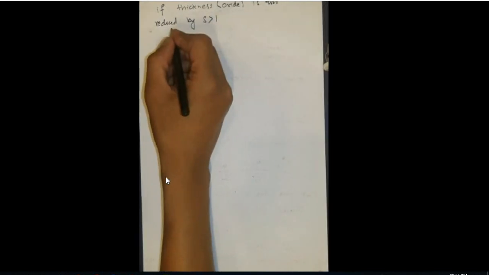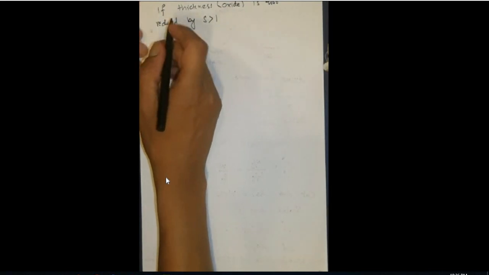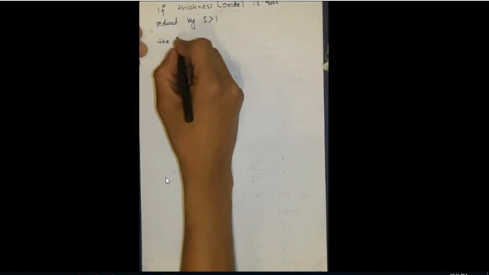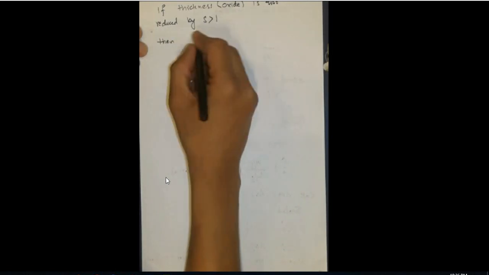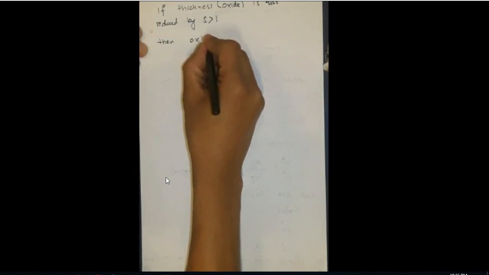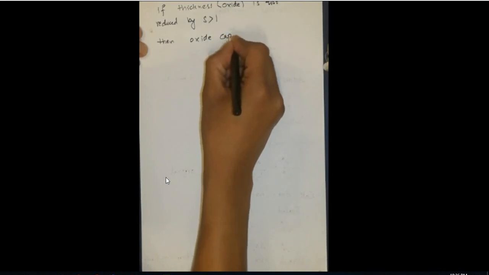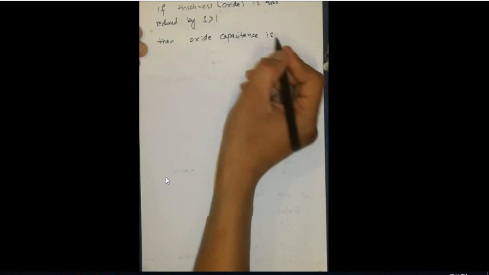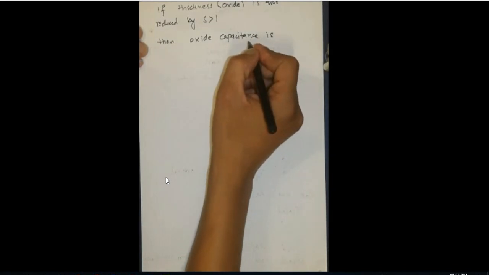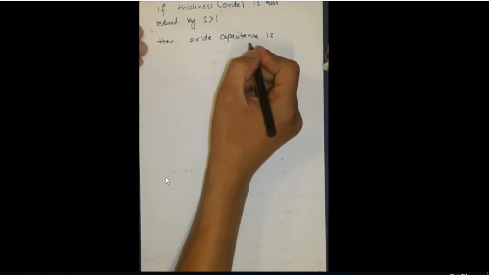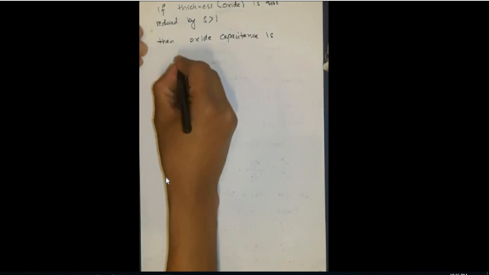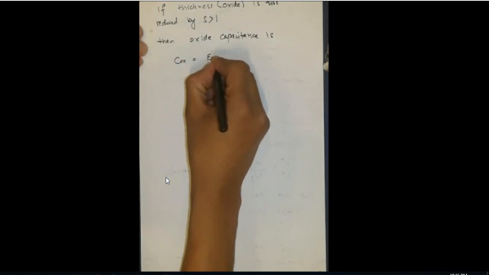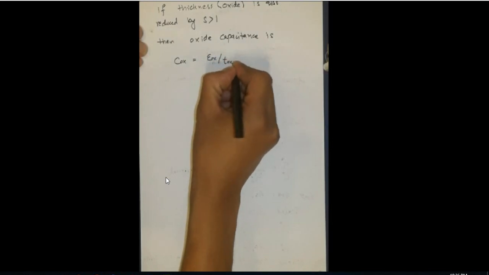So we can say that the oxide capacitance is given by C oxide, which is equal to epsilon oxide divided by T oxide.